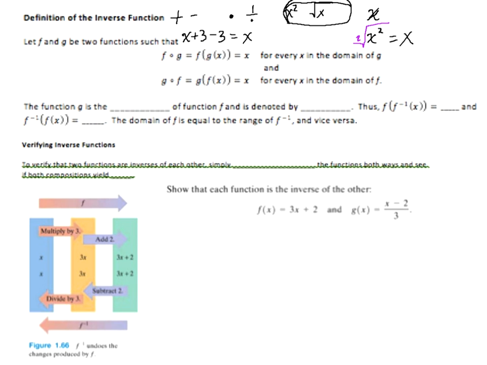There are a few different ways to identify inverses. One we talked about in the section on transformations of functions, where we saw that the x-y tables of inverse functions were exactly opposite of each other. Let me give you a quick example.